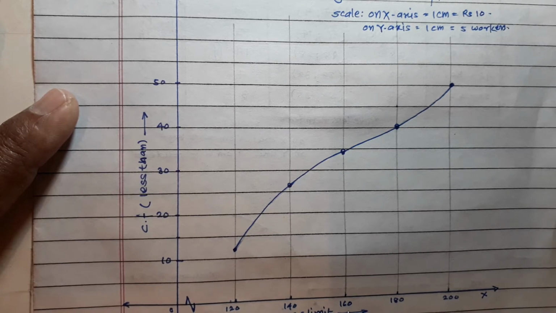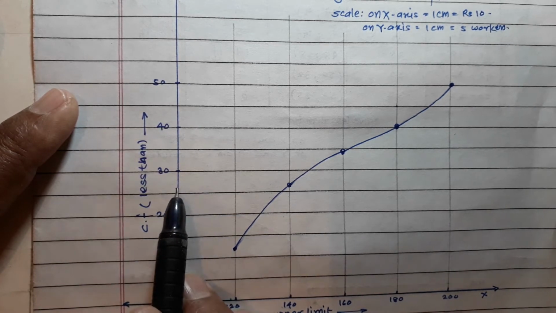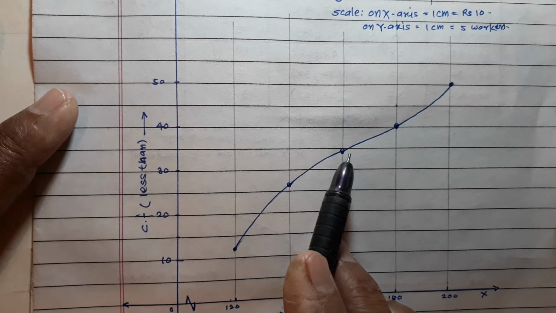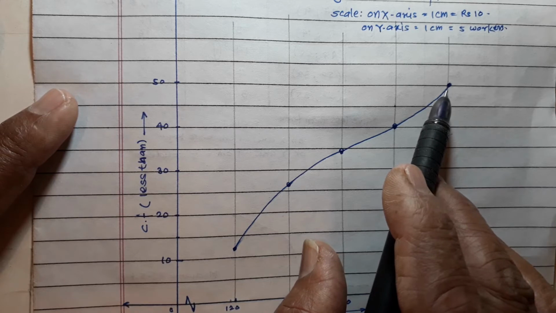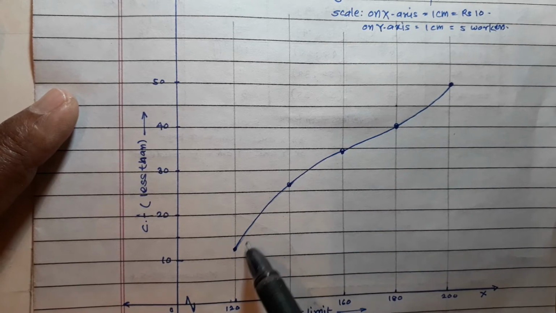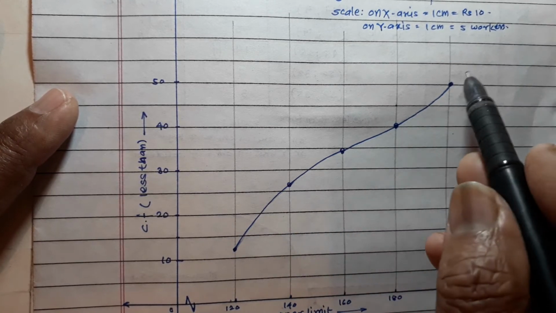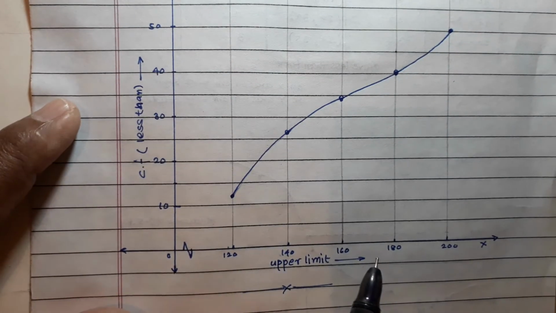So 120, 140, 160, 180, 200, and then the corresponding frequencies, that is 12, then 26, then 34, then 40, and then the last one is 50. Draw a fine freehand curve. So this is the ogive, less than type. Do you understand this?